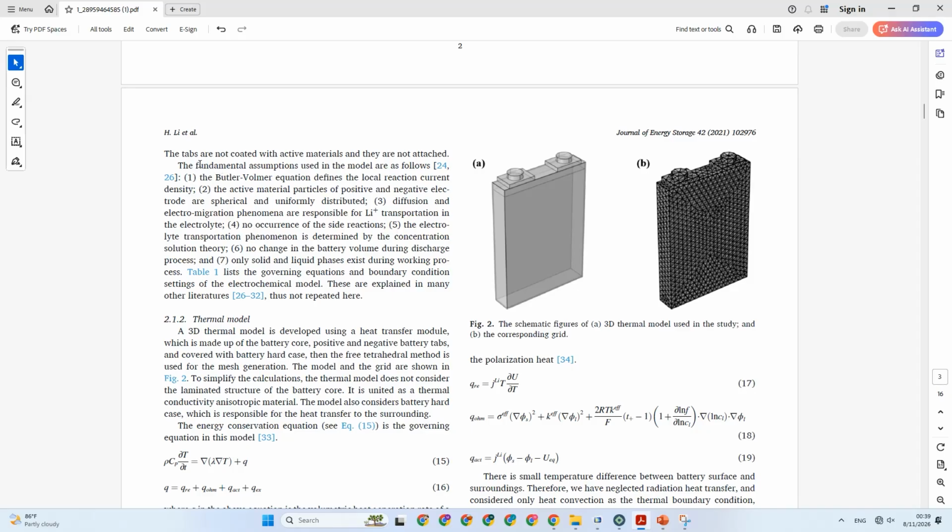The fundamental assumptions used in the model are as follows.